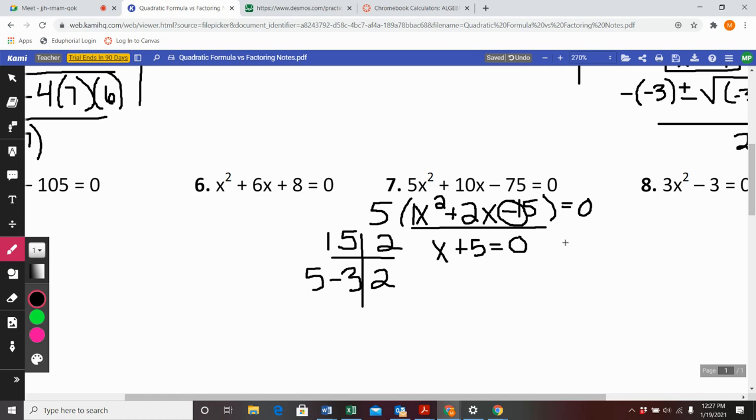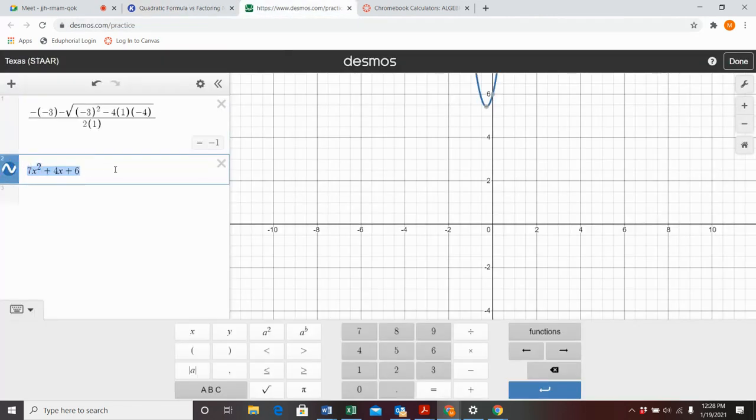So you are going to set this up. And I think I screwed this up earlier. I'm going to look at something. So hold on. Please pause. Don't listen to me. 5x squared. What is it? 10x and 75?